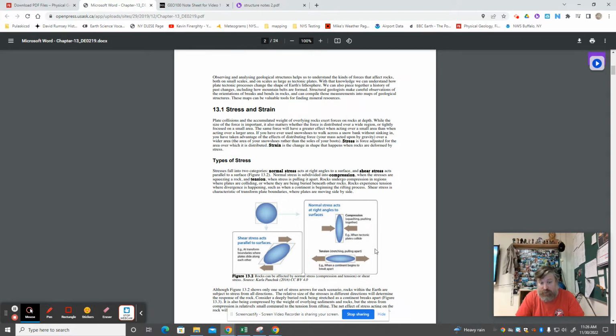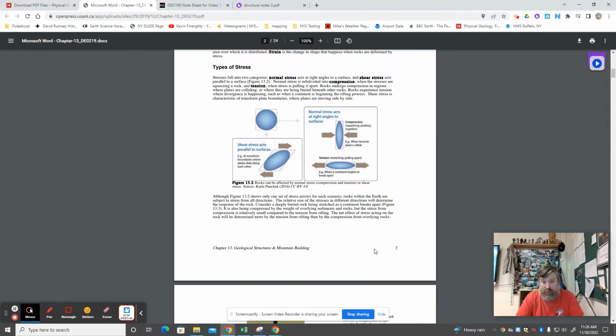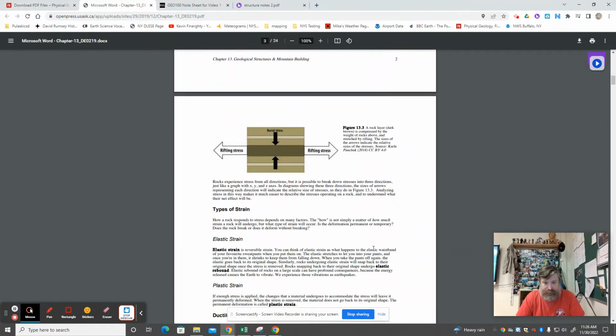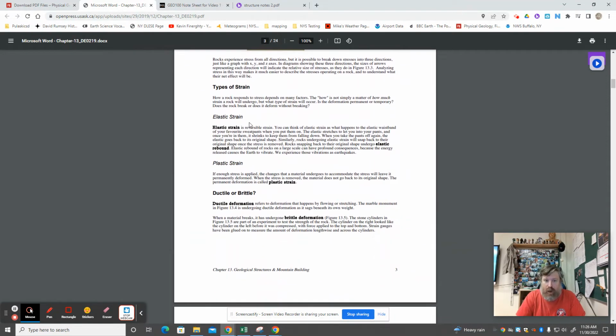And then the strain would be, how does the rock change shape in response to that? Elastic, and I didn't put this on the note sheet, but it's important to note, and if you remember elastic rebound theory from back in earthquakes, that's the idea that like a rubber band, if you pull on it and then let go, it will rebound back to its original shape.